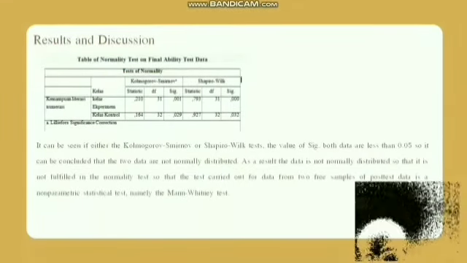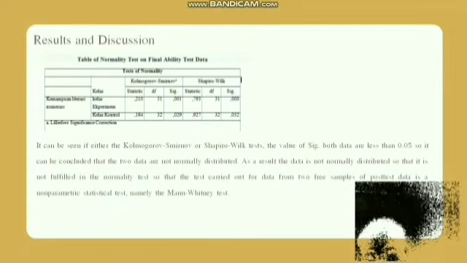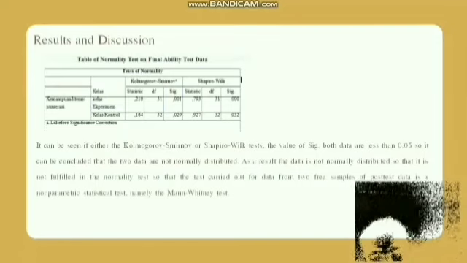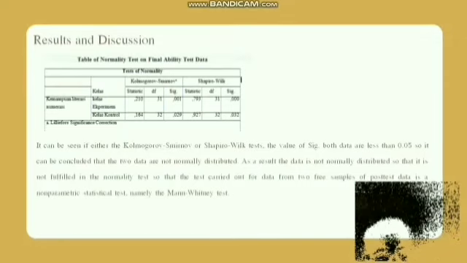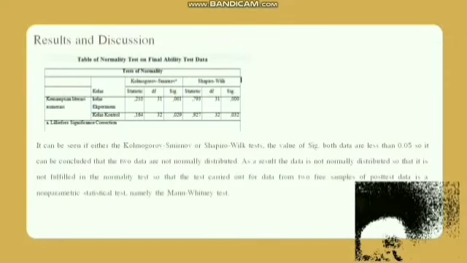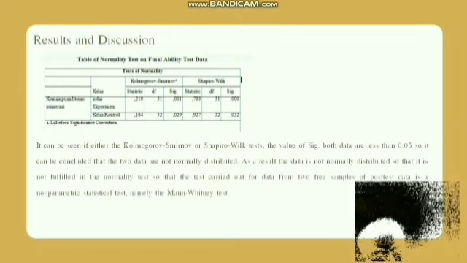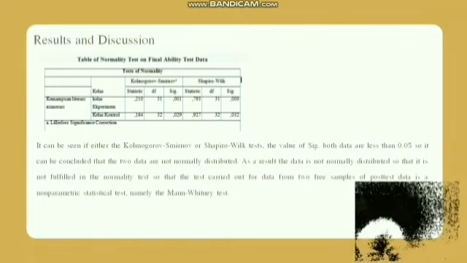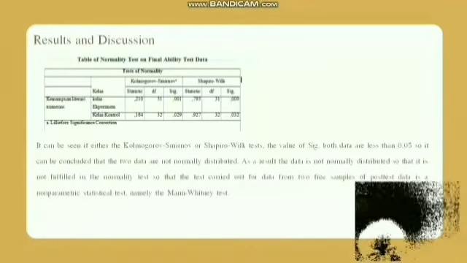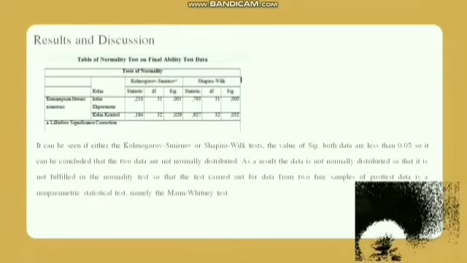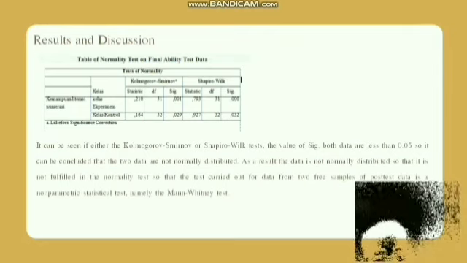It can be seen in either the Kolmogorov-Smirnov or Shapiro-Wilk tests, the values for both data are less than 0.05. So it can be concluded that the two data are not normally distributed.